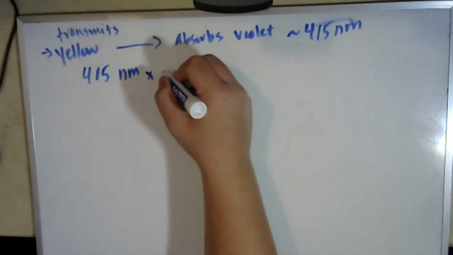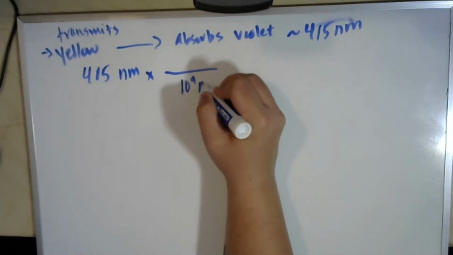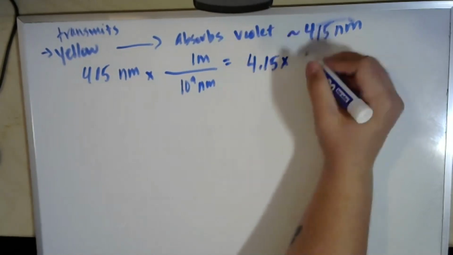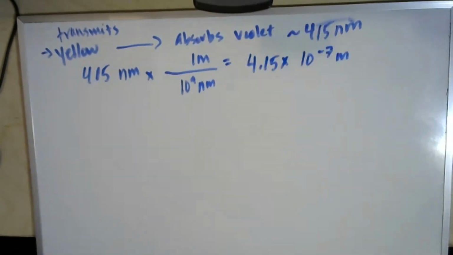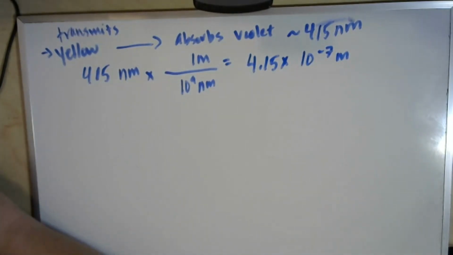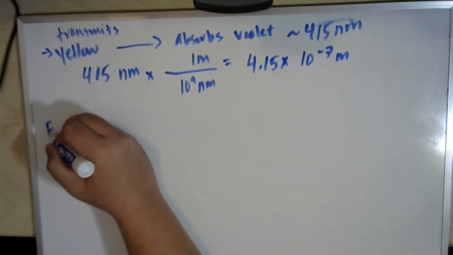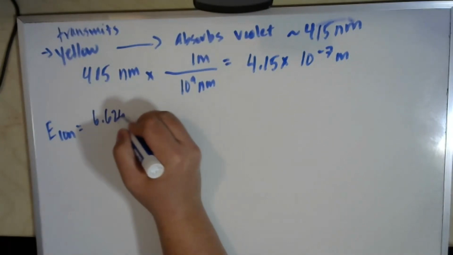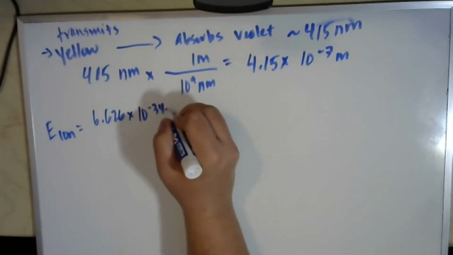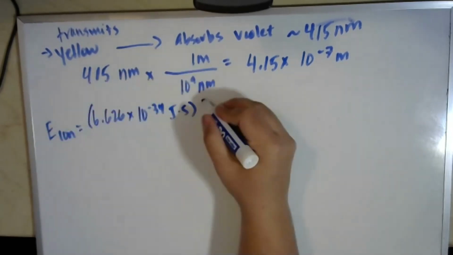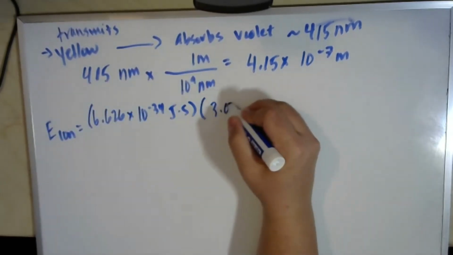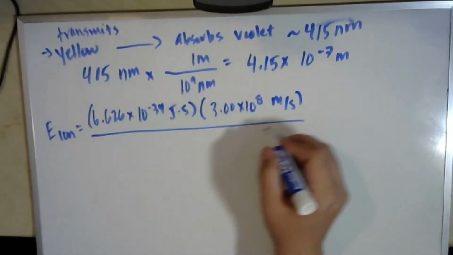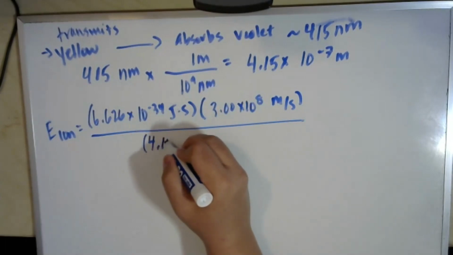We know that we're going to need this number in terms of meters. And now we can find the energy of an ion using Planck's constant times the speed of light divided by our wavelength in terms of meters.